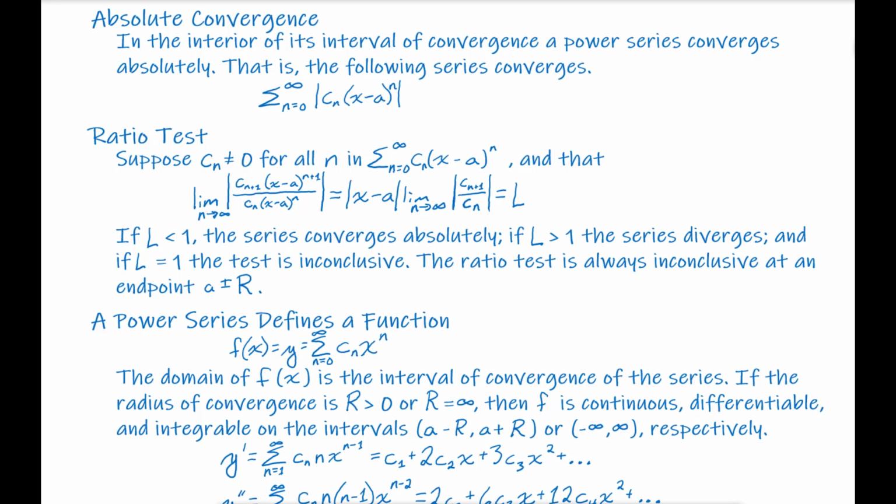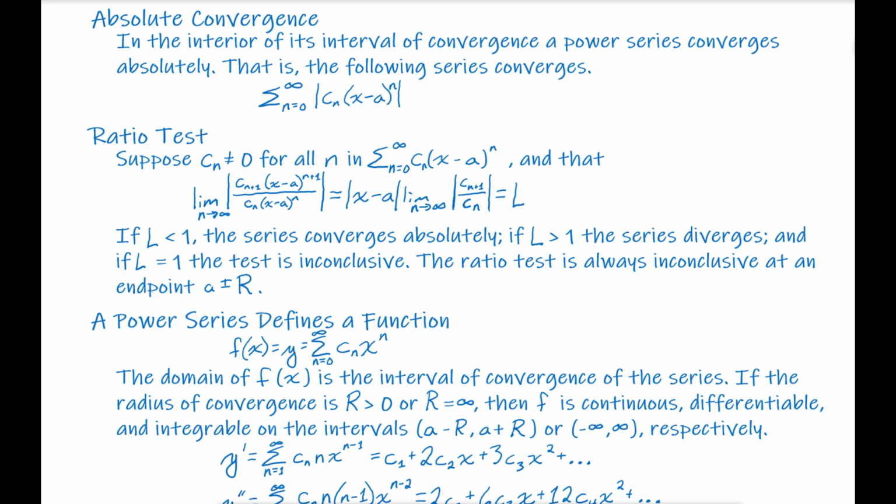A useful test that you've likely seen before is called the ratio test. It helps us know if a power series converges or not. So what we do is we suppose that our c sub n values are not equal to 0 for all n in our power series.